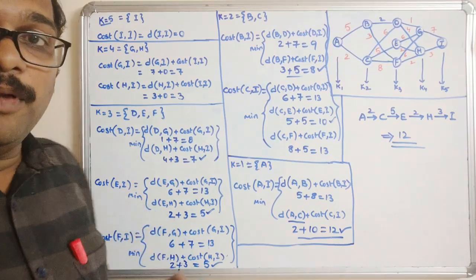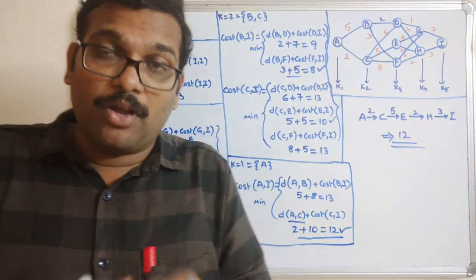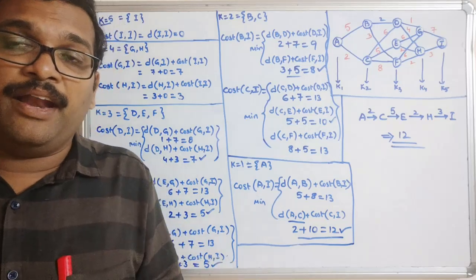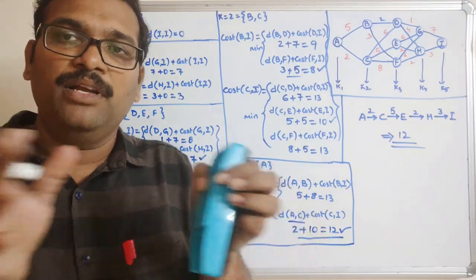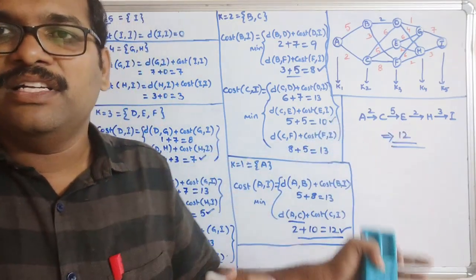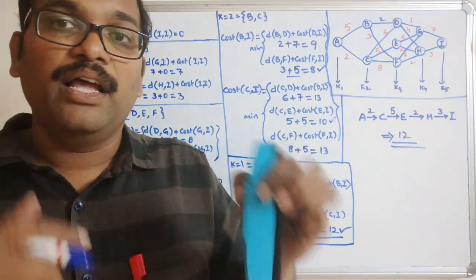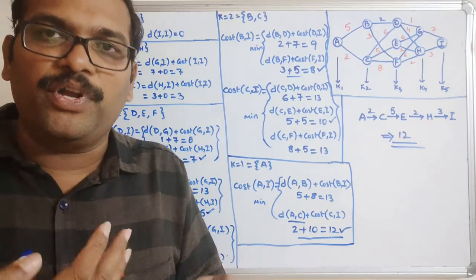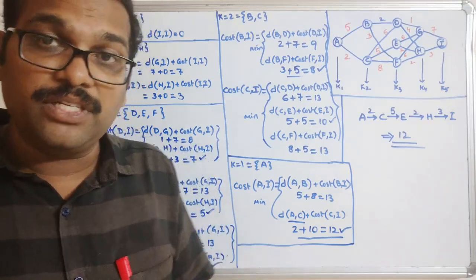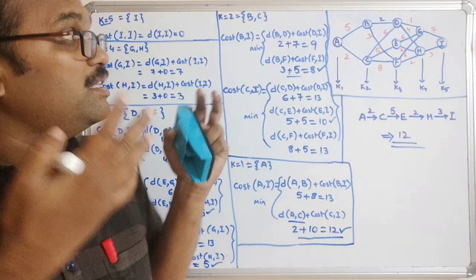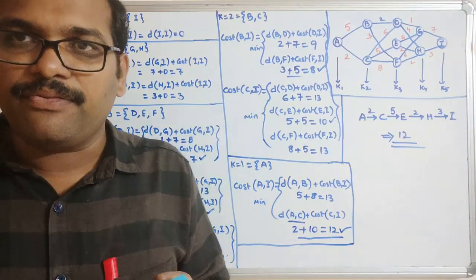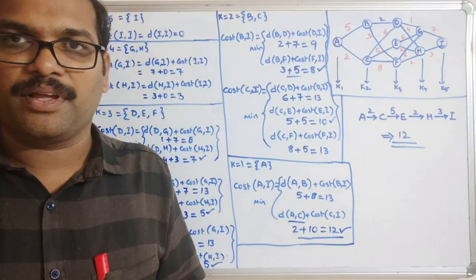So the problem is divided into sub-problems, the sub-problems are solved, and the results are saved in memory. We can retrieve those results whenever required in order to avoid recomputing the values. This is called dynamic programming. So this is the multi-stage graph using dynamic programming.